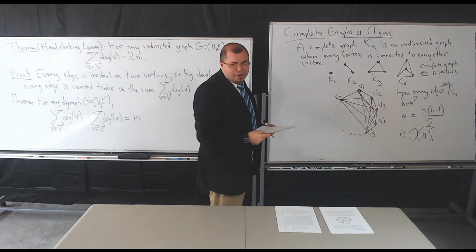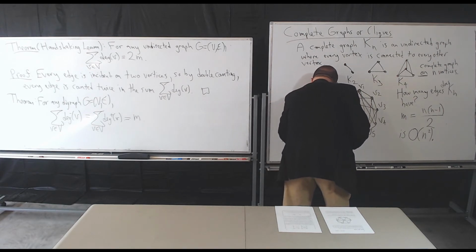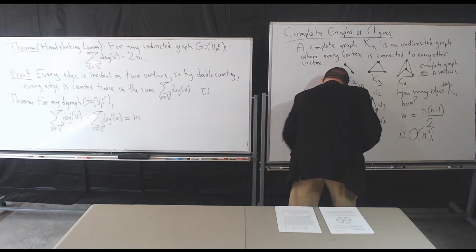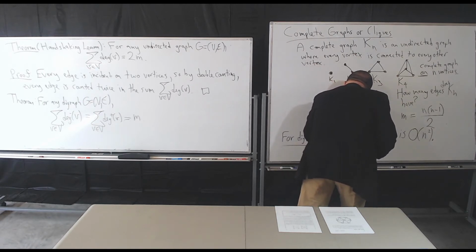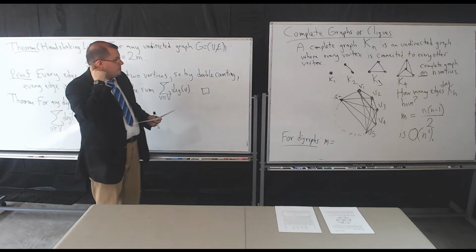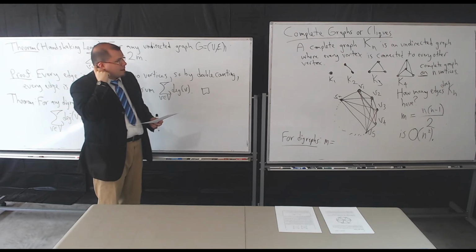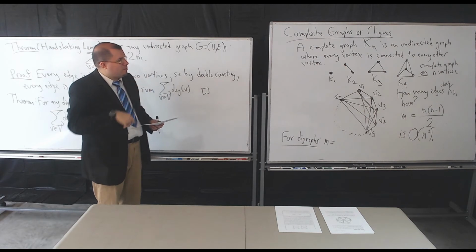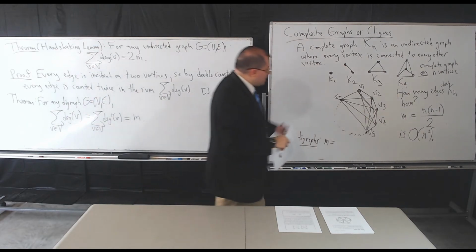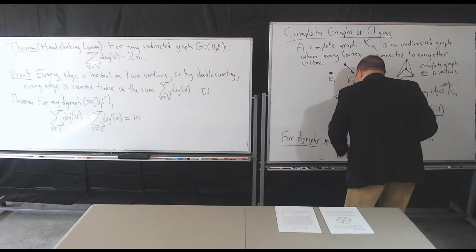How about for directed graphs? Well, let's use the idea I told you at the beginning of the lecture. I know each one of those undirected edges can be replaced with what? 2 directed edges. One going back, one going forth. Okay? So it means I'm going to double the number, which means that it's n times n minus 1.